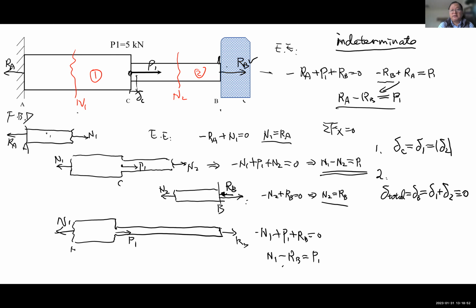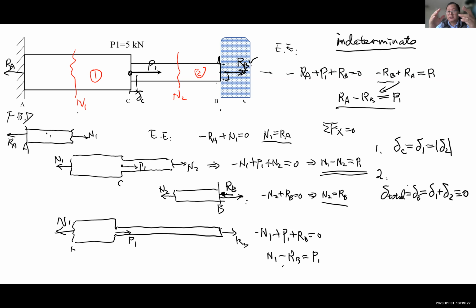Because otherwise, if you apply too much RB, then you move into the wall. That's impossible, the wall will push it back, so your RB will decrease. If you pull too little, there is a gap, and you don't reach the wall. Therefore you have to increase RB until this end reaches the wall. So basically we have either condition 1 or 2. That's our condition.